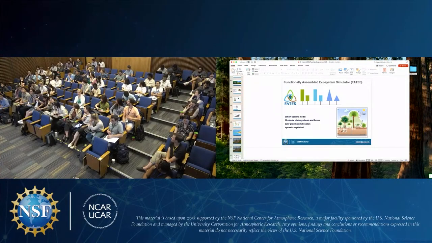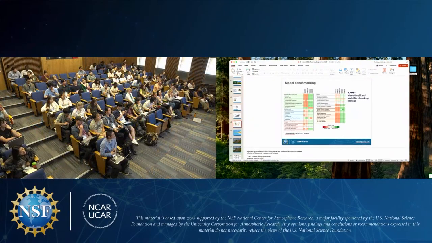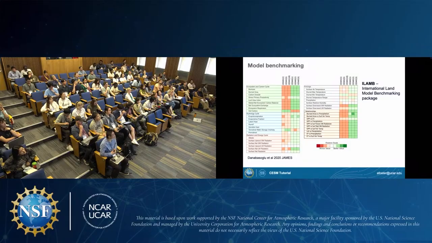Hi, I have a question about the model benchmark, I think on slide 48. The relationship between burned area and precipitation is really good compared to the other ones. Do you have any idea whether it is physics or something else?